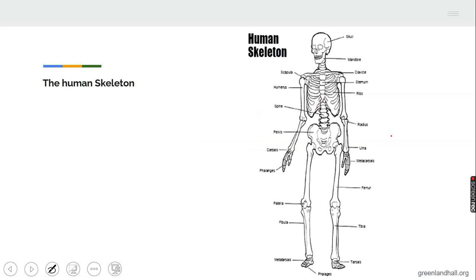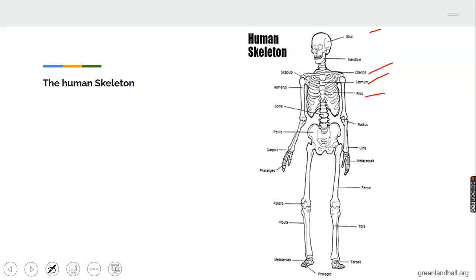Now we can see the illustration of the human skeleton there. From the skull to the leg. We have the skull there. We have the clavicle, what is called the collarbone. We have the sternum that is attached to the thoracic.